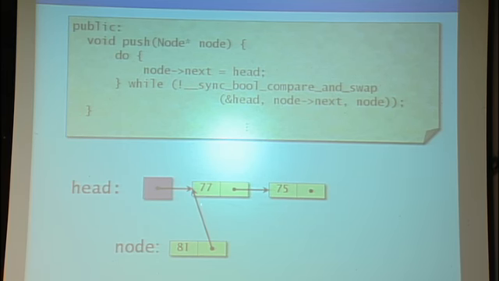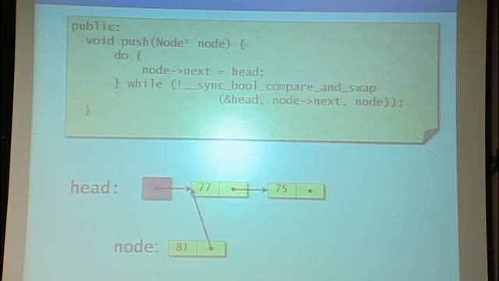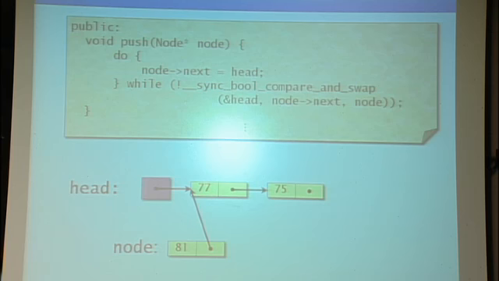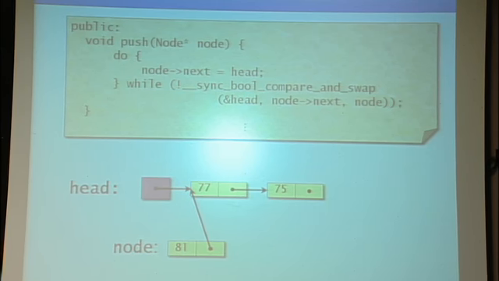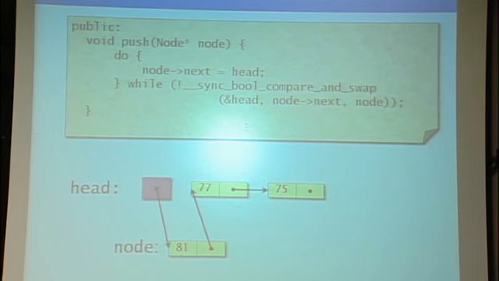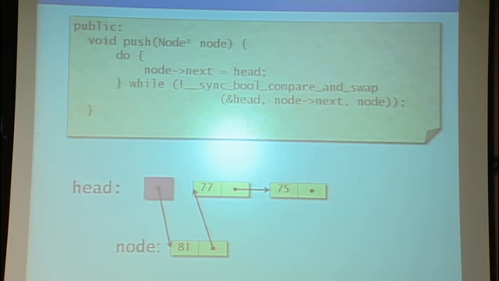Only move this here if this value is still 77. I'll do an example in a second which shows what happens when we have concurrency and one of them might fail. But if it is true, then it sets it and now I'm home free.